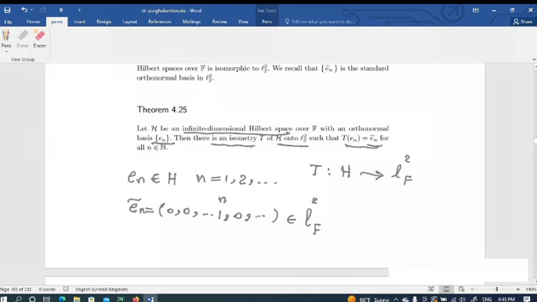Then there is an isometry T of H onto L power 2 of F, meaning all sequences in L2 with elements in F, such that T of e_n equals e_n, for all n. Here e_n is such a sequence that the nth place of this sequence is 1 and the other elements are 0.